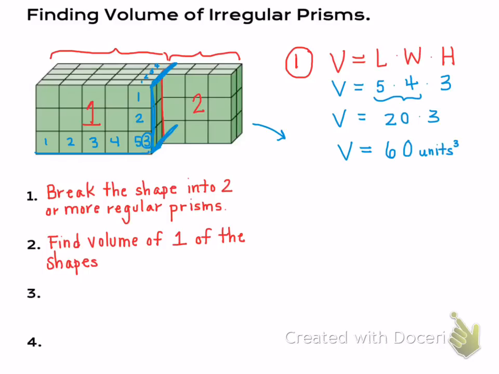Step 3 is to find the volume of the other shape, or prism, it should say.